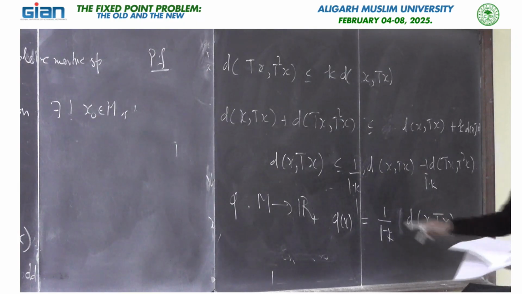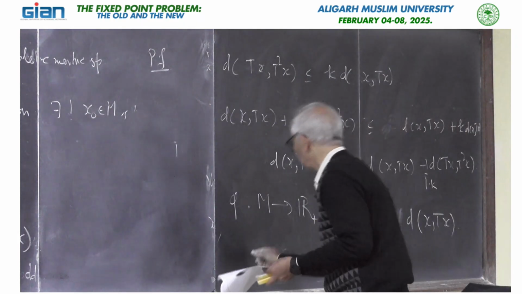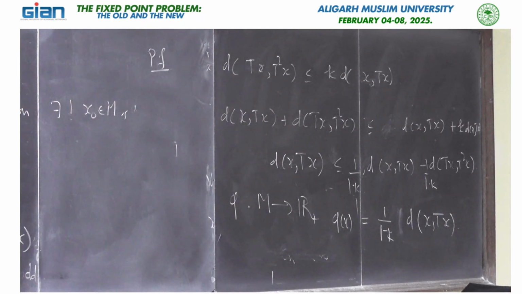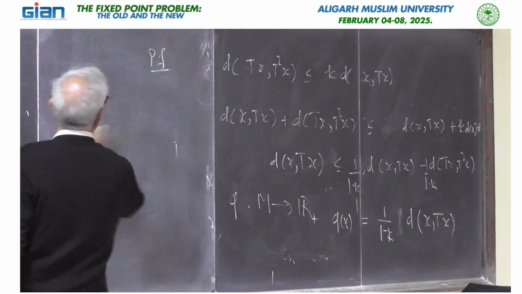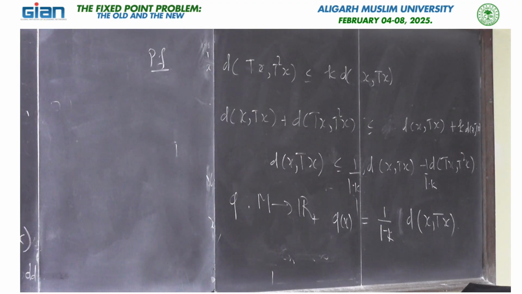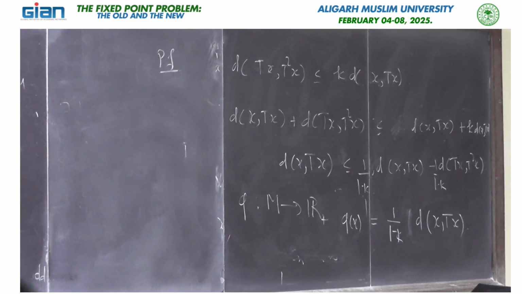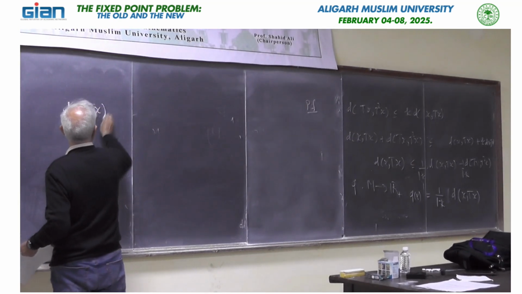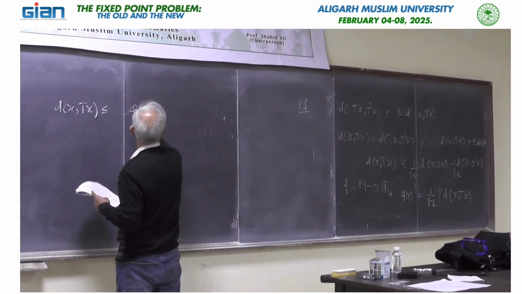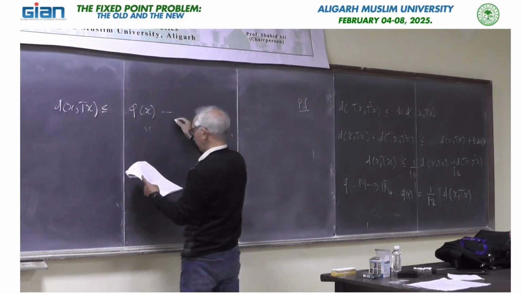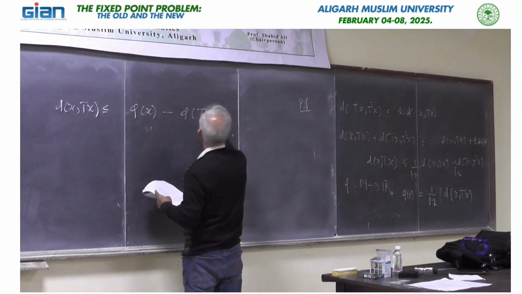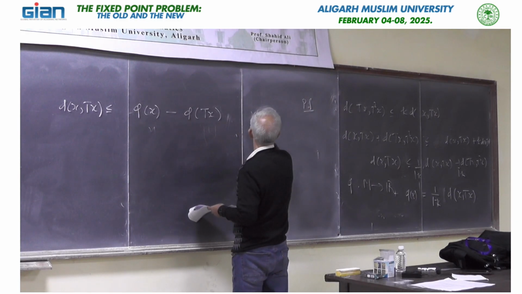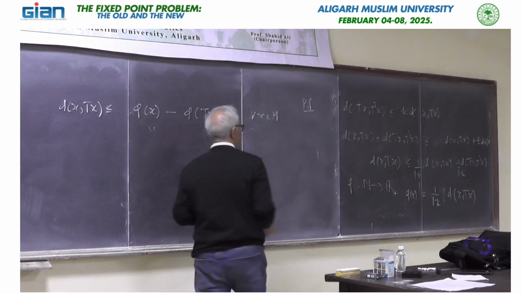You define phi of x like this, then this inequality can be written as d of x, Tx less than or equal to phi of x minus phi of Tx, in this simple fashion. This is true for any x in M.